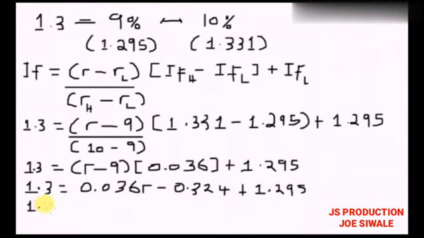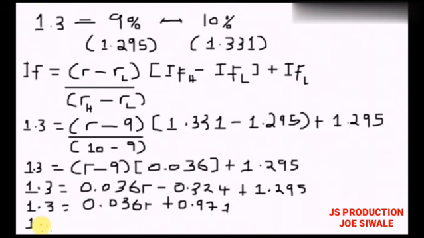So 1.3 is equal to 0.036R, and if I add these two numbers, I'm going to have 0.971.